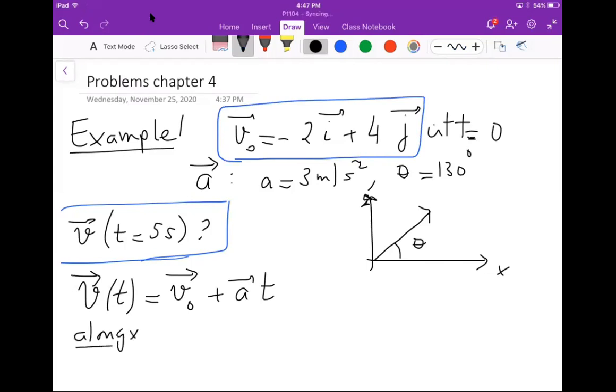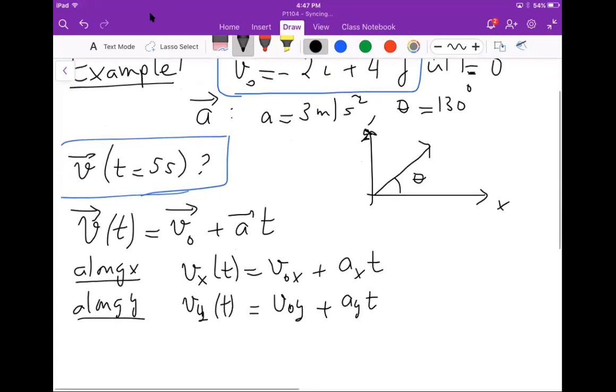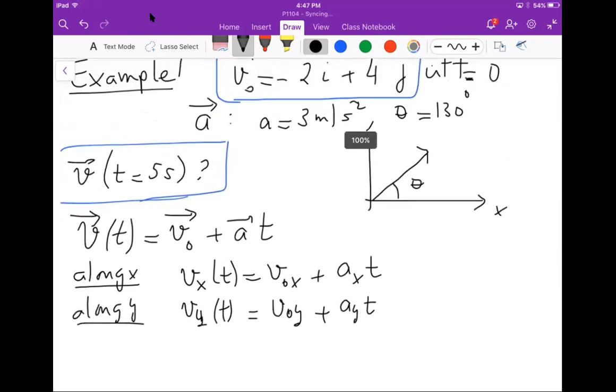Along x, vx as a function of time is given by v0x plus axt. And along y, we can write vy of t equal to v0y plus ayt, right? Now, we know what v0x and v0y are.